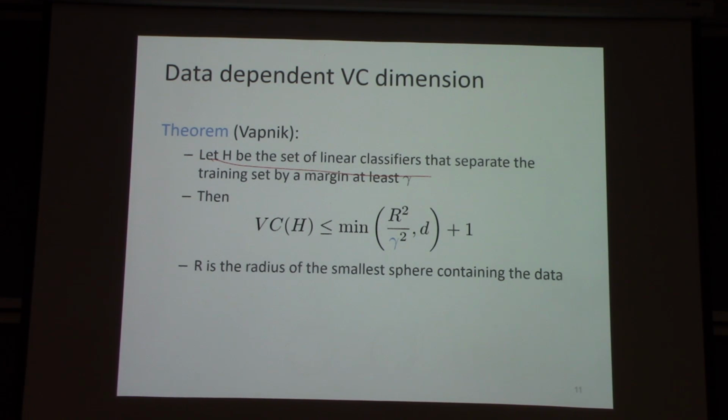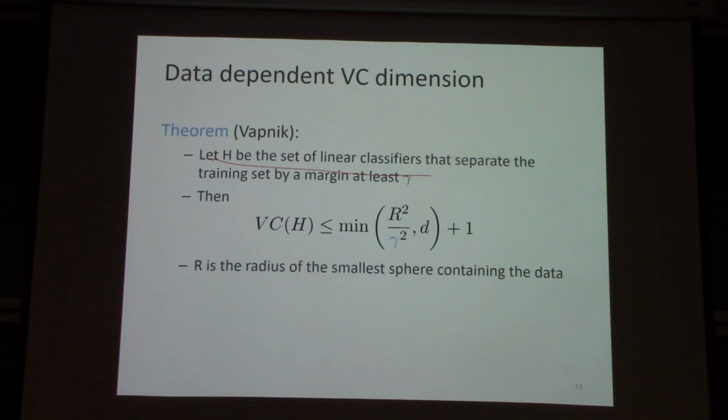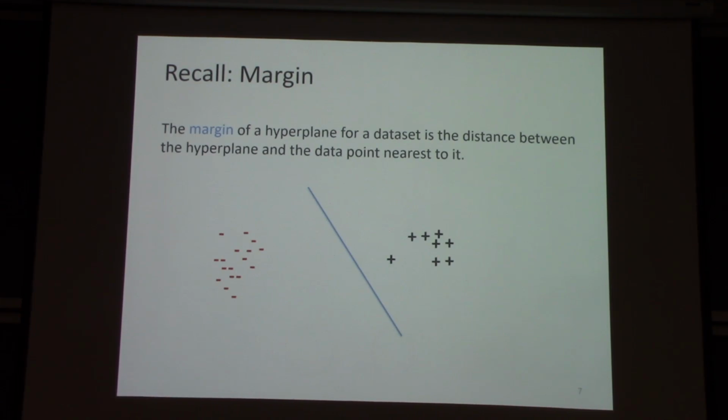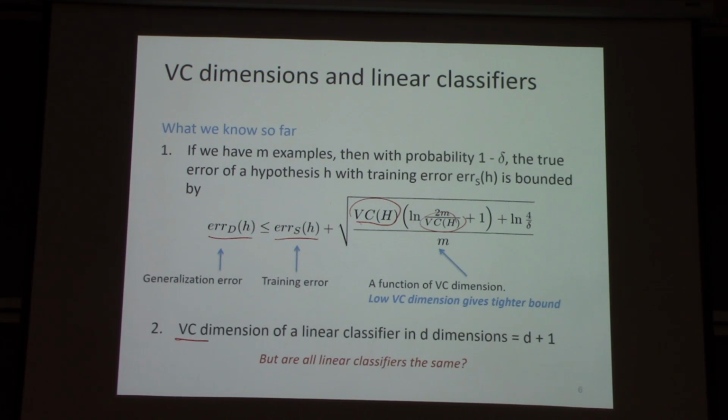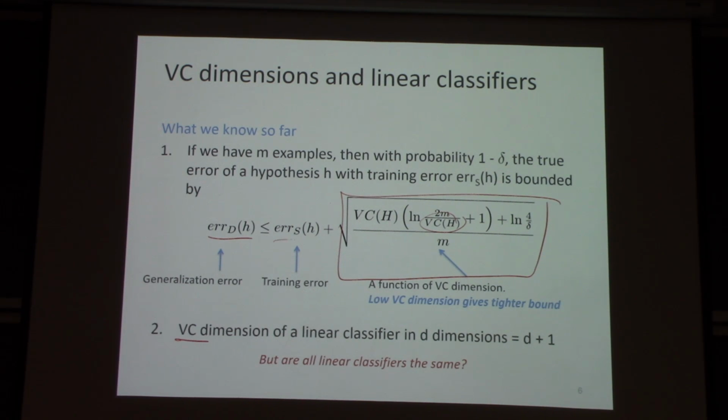If you look at the expression here, higher VC dimension means this quantity becomes higher, this whole thing becomes higher, which means your bound on the generalization error is weaker. So your generalization error might be large. On the other hand, if the thing inside the box is small, then your generalization error is not going to be too much worse than your training error. So lower VC dimension, better generalization.